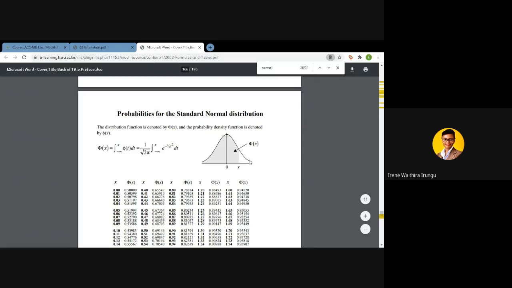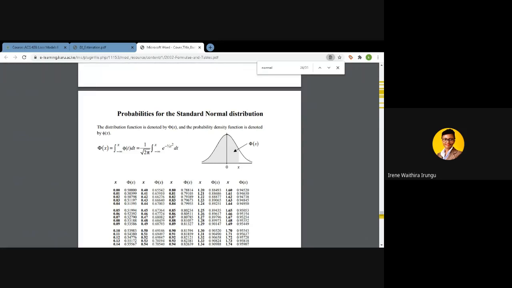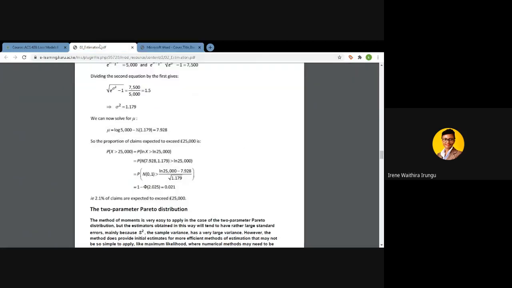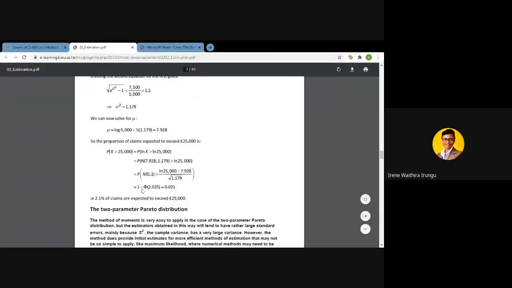So for us to compute the correct probability, we have to take the entire area under the curve, then subtract from it the shaded area, which is what is actually tabulated. So that's why you have 1 minus the value corresponding to phi of 2.025.